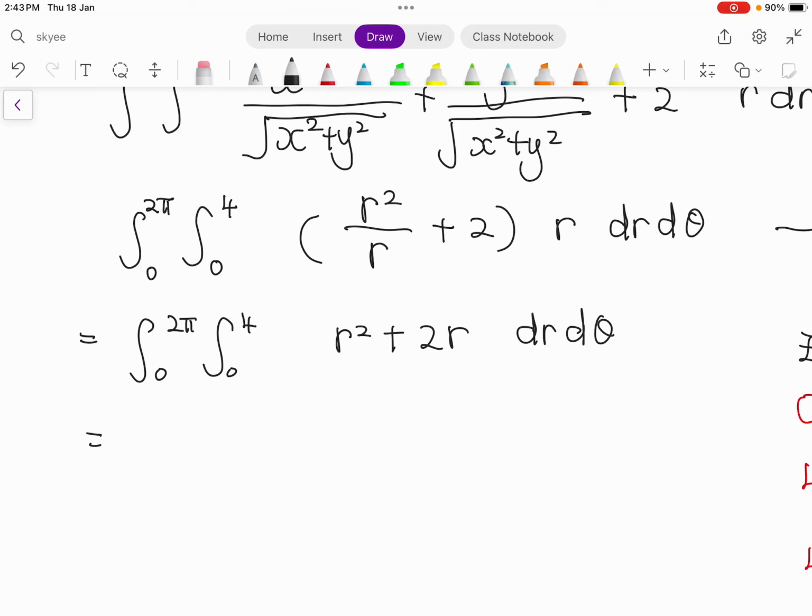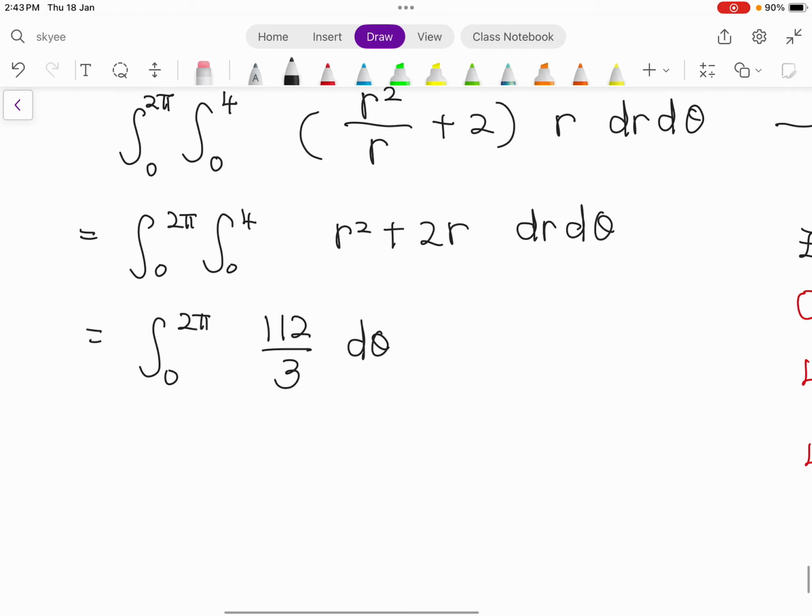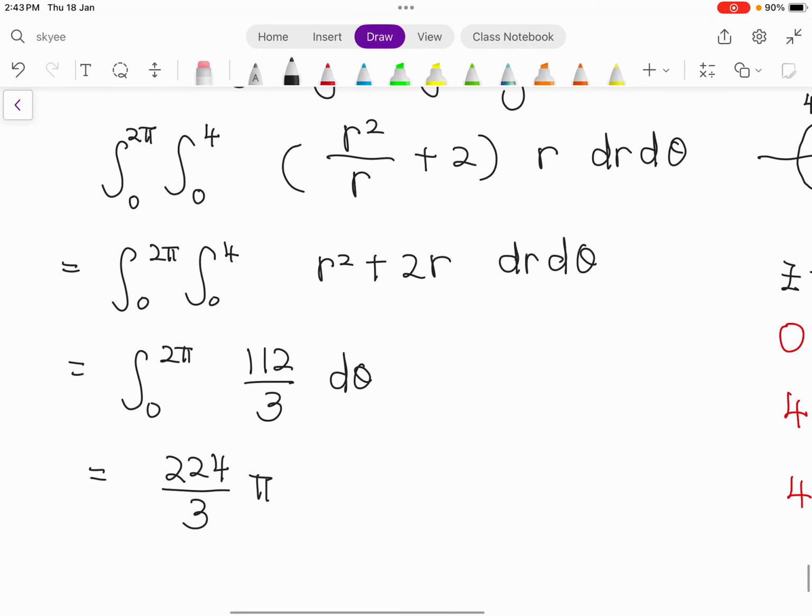For this, you can press the calculator to integrate r squared plus 2r, from 0 to 4, and 0 to 2 pi. This part you have 112 over 3, and if you multiply by 2 pi, you get 224 over 3 pi. So this is the flux of water coming out from surface 1 of the cone.